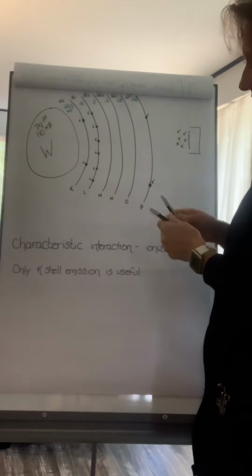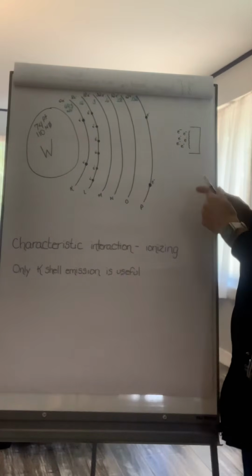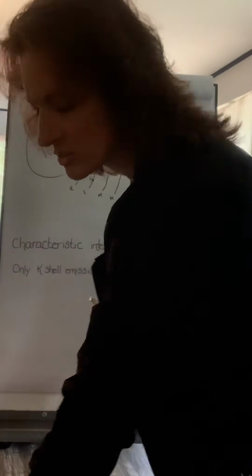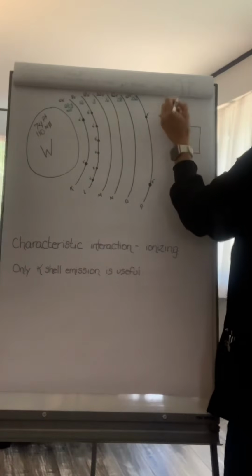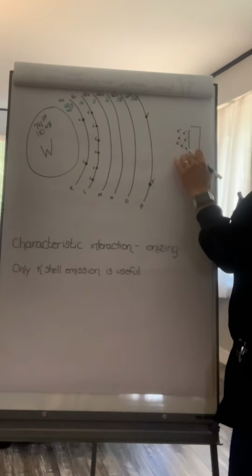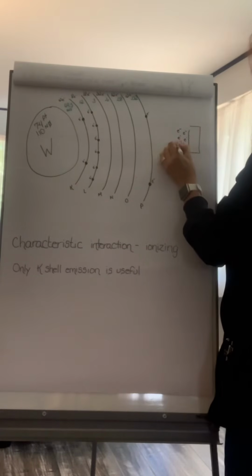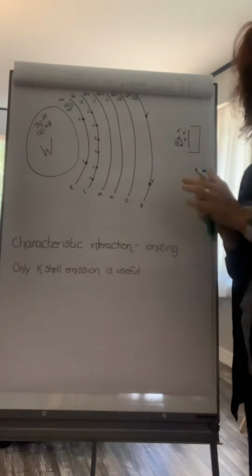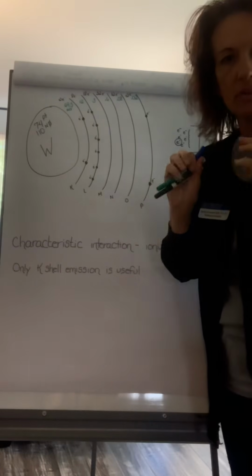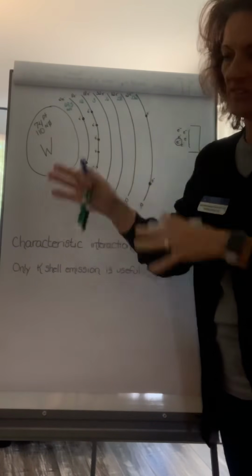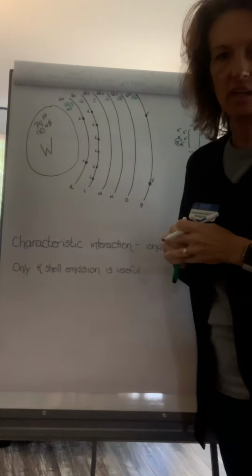So let's say that one of these filament or projectile or incident electrons is going to come in, all right, because we're only going to talk about one at this time. Even though millions of billions bombard the target, all of this is happening simultaneously, okay?